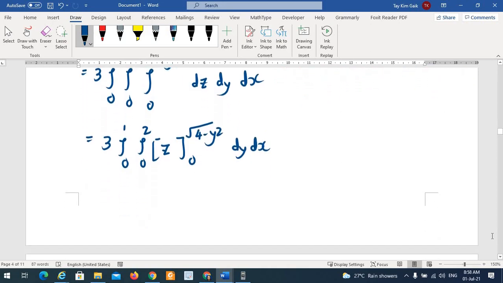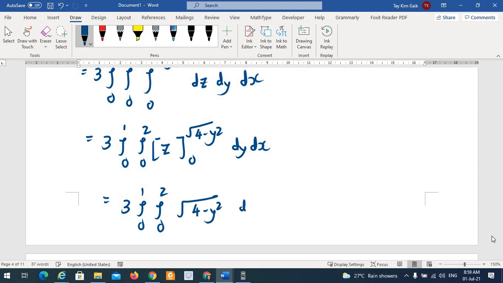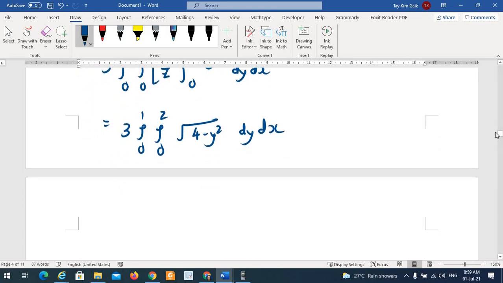Plug in the limits, you have 3 times the integral from 0 to 1, 0 to 2, of the square root of 4 minus y squared dy dx. If you use Cartesian coordinates and don't use the calculator, you have to use a trigonometric substitution, which will be a bit longer.